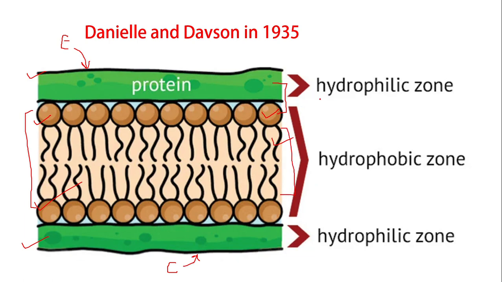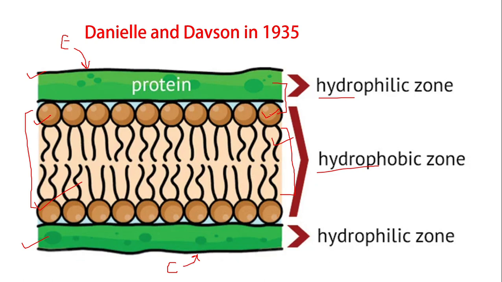Hydrophilic means water-loving. The proteins and the head region of the lipid are water-loving, and the tail regions of the lipids are hydrophobic, meaning they are water-repelling. So these are the two main zones, the hydrophilic zone and the hydrophobic zone.